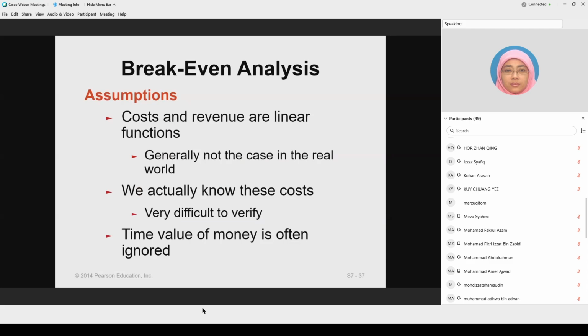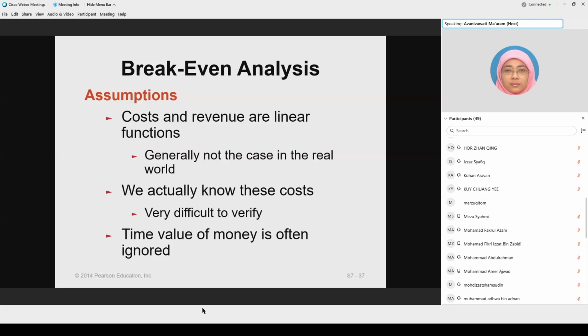So when we perform the break-even analysis, we have to make a few assumptions. Cost and revenue are linear functions. This is generally not the case in the real world, because if you buy a certain quantity, they will have an adjustment on the price.